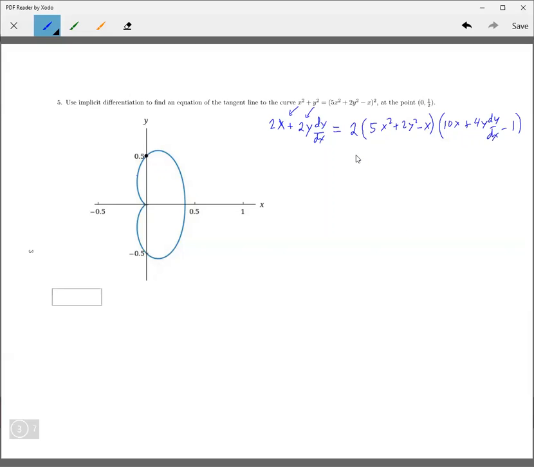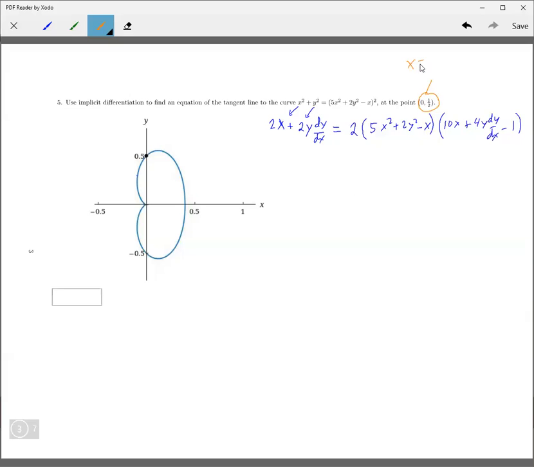Okay, so now what we could do is expand this out, but that doesn't sound very fun. So when you start seeing 3 terms added together multiplied by 3 terms added together, at that point you should start thinking, well, maybe there's a better way to do this where I don't have to multiply this all out. And there is: we're going to plug in that point.